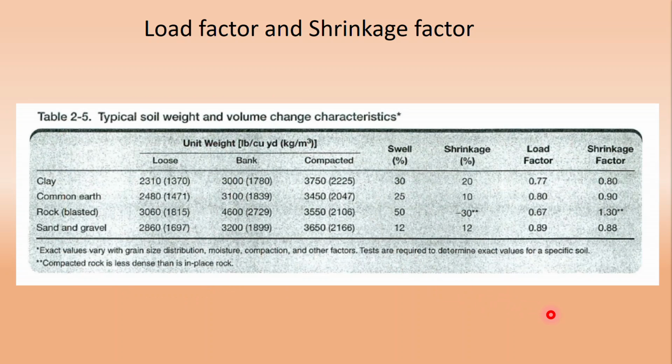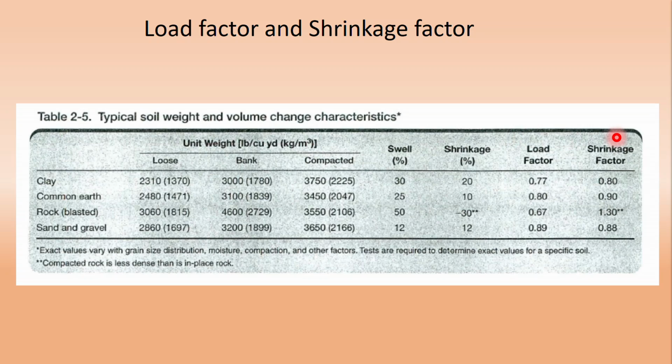So this was a table that comes out of some of the reading chapters I'm putting on Moodle for you this week, since our book doesn't really get into this kind of earthwork. I have some other documents posted for you. This is just a nice summary table of typical soils you find on a job site: clay, common earth, rock, and gravels, and then the approximate swell and shrink percentages that you could expect these soils to be, and then also the approximate load and shrinkage factors that would be used for these soils.